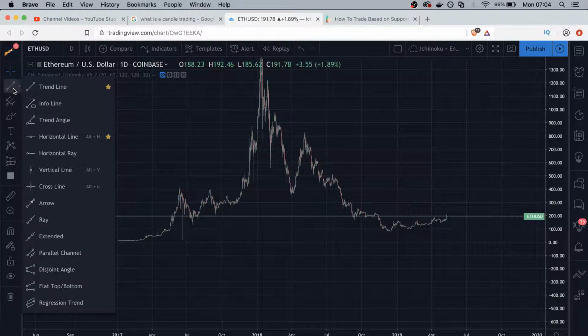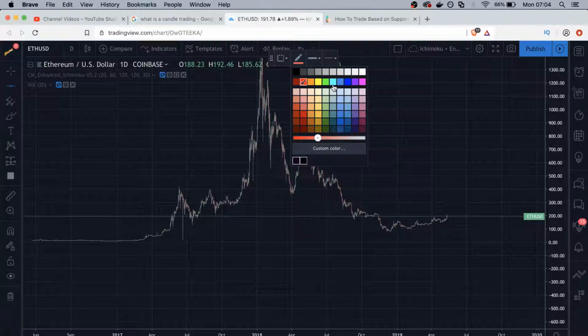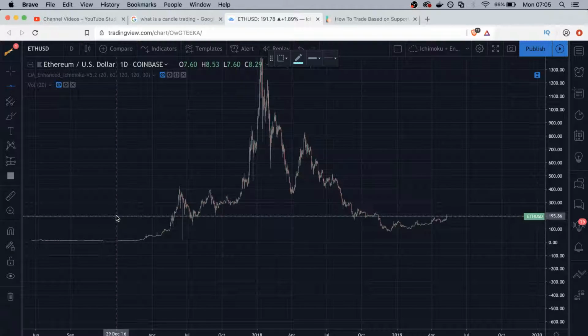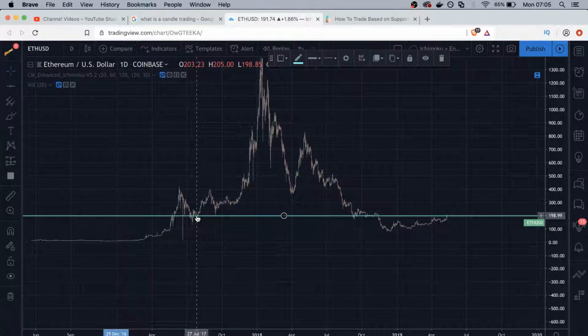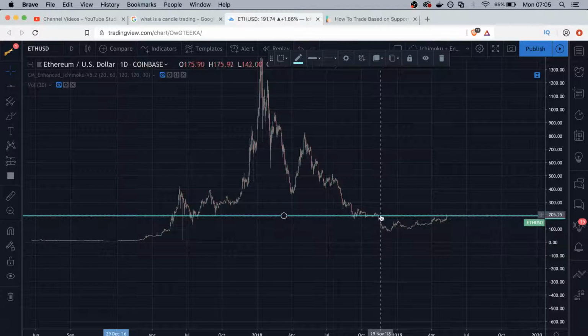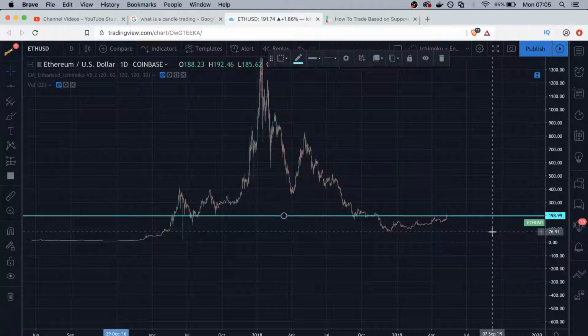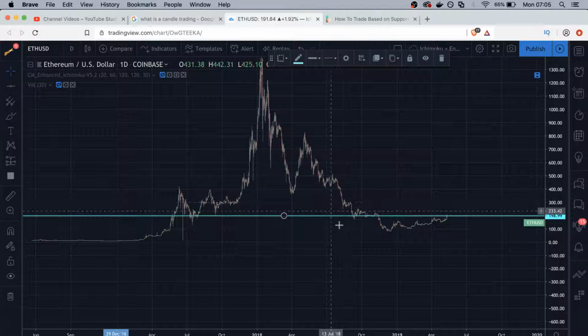So here's an example. I'm going to take the horizontal line and we're going to draw some support lines where, in my opinion, there's going to be a strong support. So this is a good example. We've got a touch point here, here, here, here, here, and here, and now we're currently trying to break the $198 resistance, and that was a very strong support for a long time, also during the last crash.